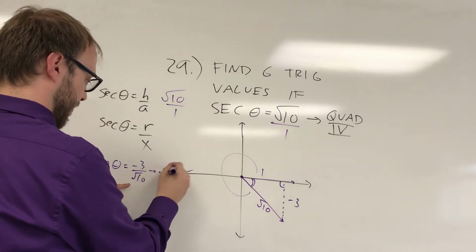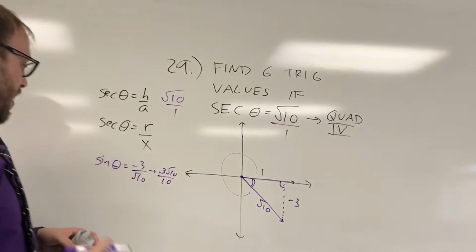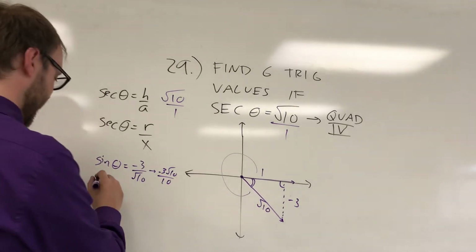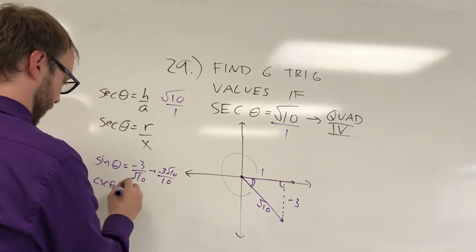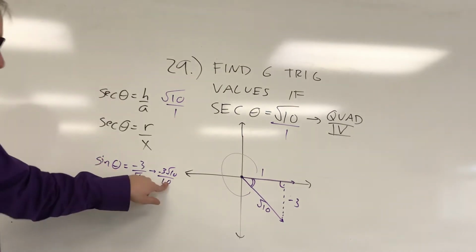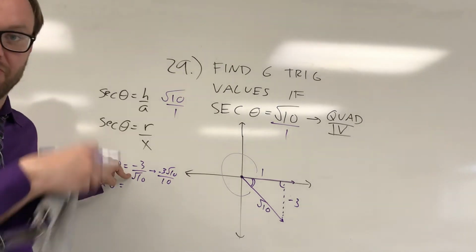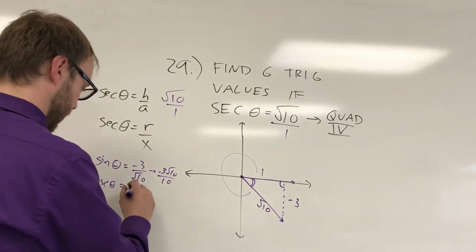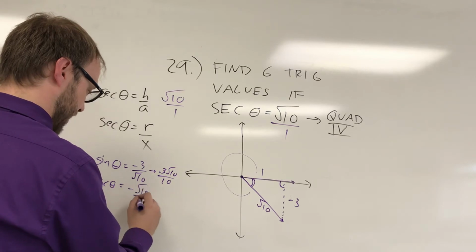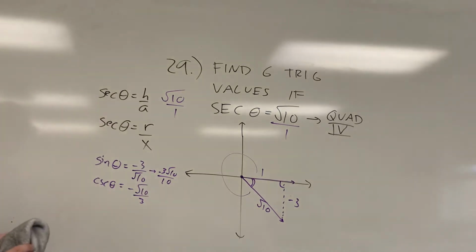It'll be -3 radical 10 over 10. Okay, the cosecant is the reciprocal, okay? Just flip it, and don't flip this because this has a radical in the denominator already. When you flip it, you'll have the denominator in the numerator, which is where you want it. So it'd be negative radical 10 over 3, okay?